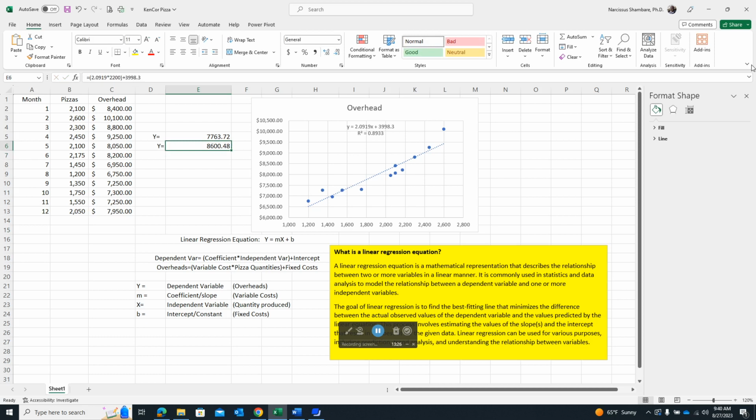Here it's actually telling us that our overheads will be estimated at 8,600. So you can see the power of the linear regression equation, right?